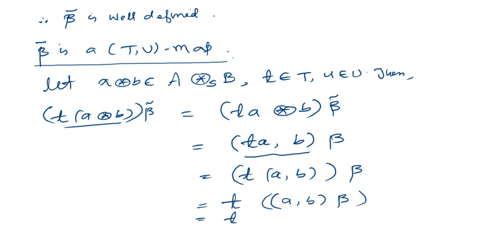This AB beta is equal to A tensor B of beta. So the T came out. Similarly you can see this beta tilde U. Beta tilde, you're right, it's beta tilde here.